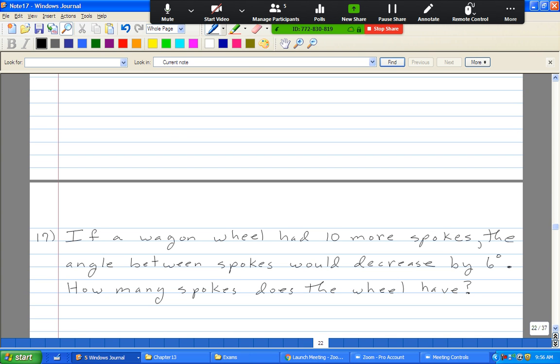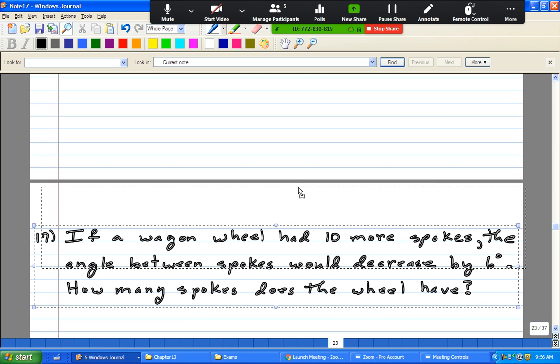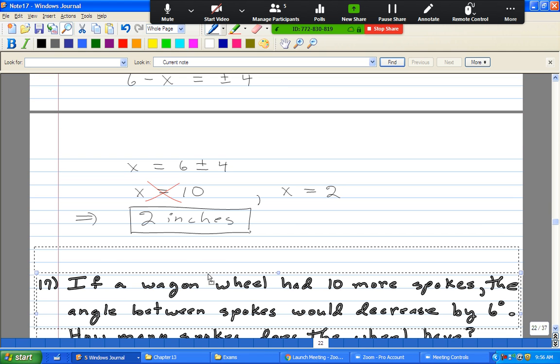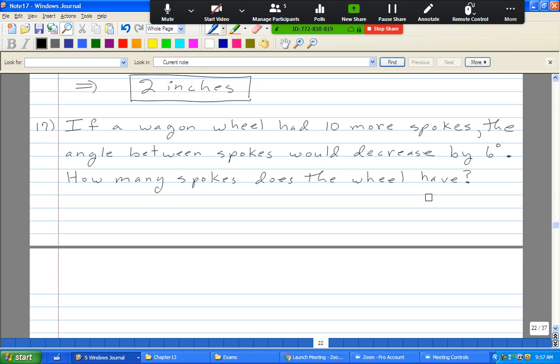Then we do problem number 17. If a wagon wheel had 10 more spokes, the angle between the spokes would decrease by 6 degrees. Suppose there are 360 degrees in a circle, which there are.